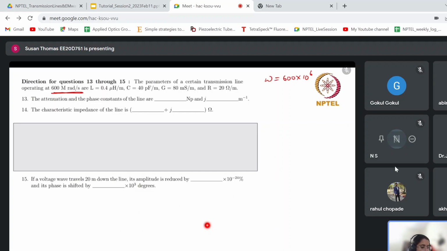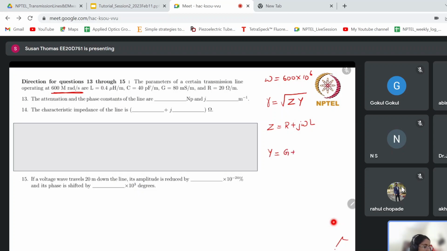You are right. So, how do we calculate the attenuation and the phase constant? All of us know the propagation constant gamma is equal to root of Z into Y. What is Z? R plus j omega L, and what is Y?